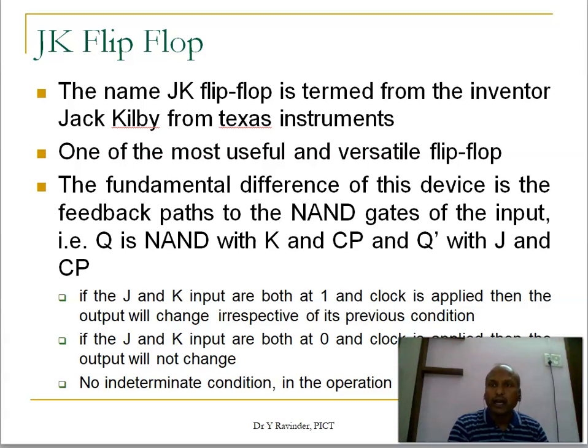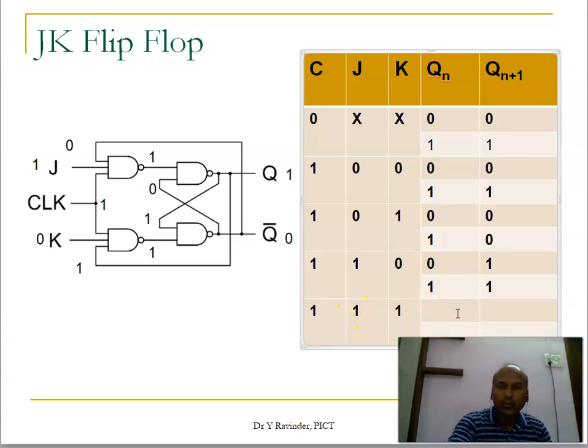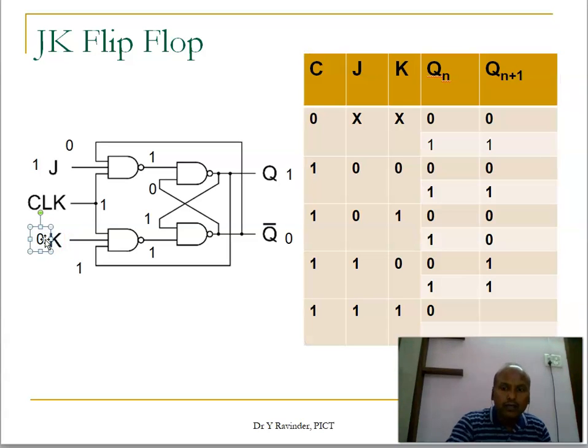JK flip-flop. And then the important thing we need to understand here is about both being 1 and 1. So when this is 0, now I'll make both 1 and 1.